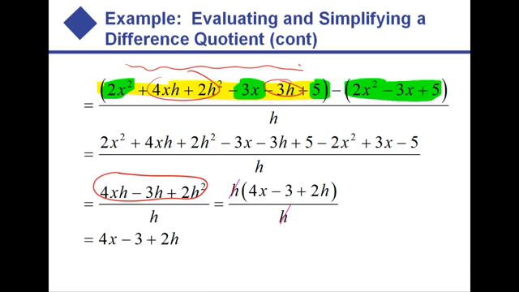So all of x plus h, the entire quantity, is being squared, the entire quantity is being multiplied by 2, etc. So here is your final answer for your difference quotient. Also, very important, because that's the beginning of the definition of a derivative. The next thing you do is you take the limit as h goes to 0, and all of a sudden you have the derivative of your original function.